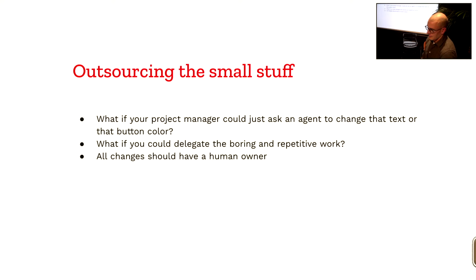So what if you could delegate the boring and repetitive work that you take part in? Whatever you do, all changes should have a human owner. I don't think it's wise to have AI doing stuff if there are no humans overlooking it.